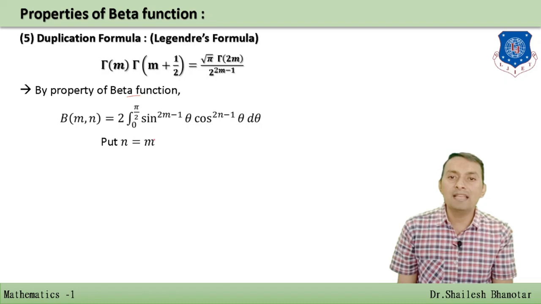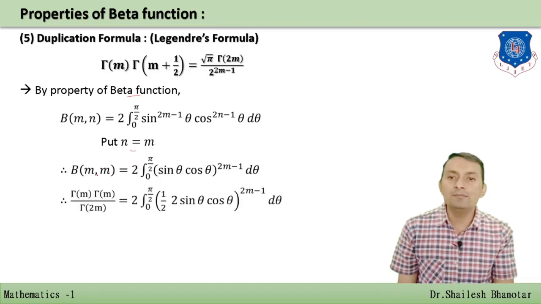But when I replace n is equal to m, what I will get? Beta mm is equal to 2 times integration from 0 to pi by 2 sin raised to 2m minus 1 and again cos raised to 2m minus 1. So we can combine these two terms. What I will get is sin theta into cos theta raised to 2m minus 1, and d theta is there. But again I'm just going to multiply by 2 and divide by 2.